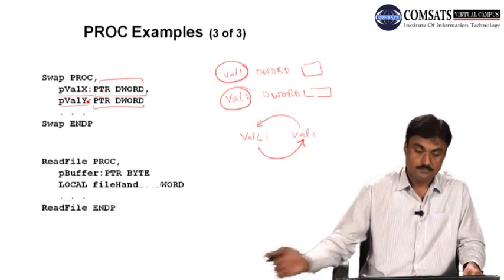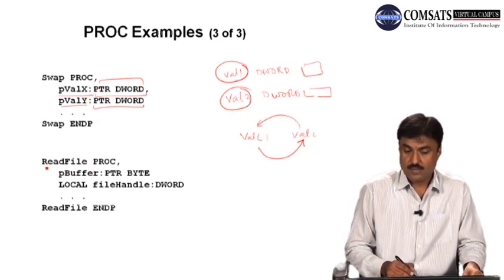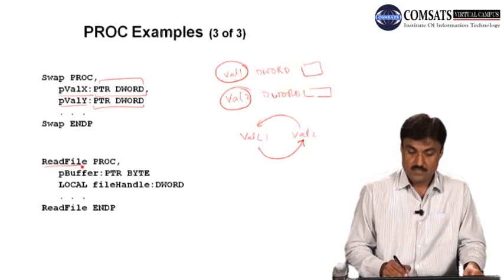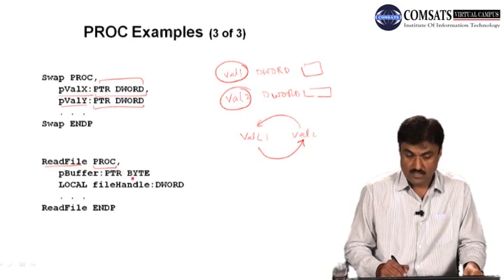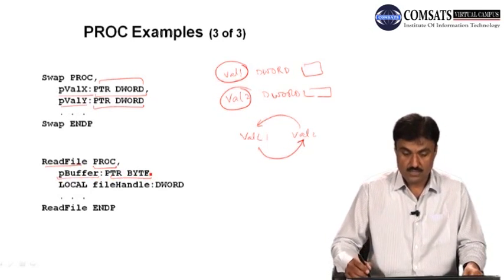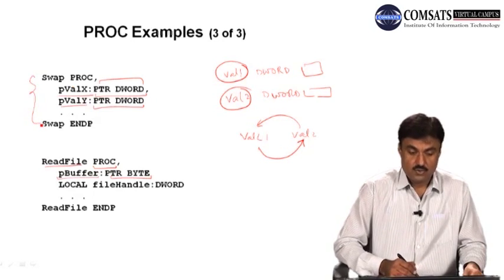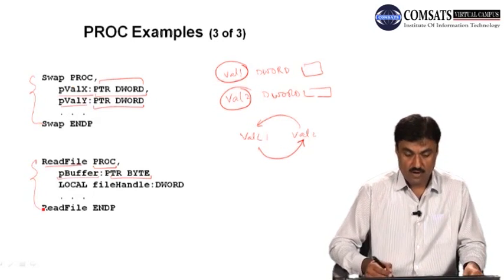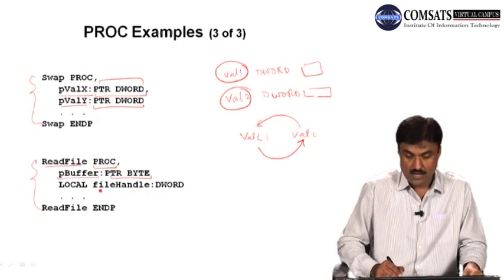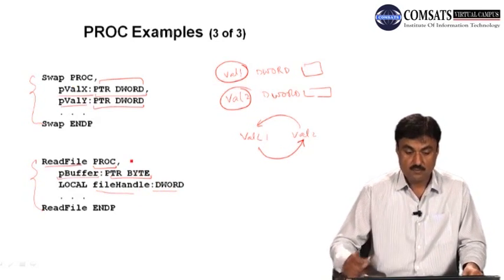So here you can see the read file is another procedure, where the buffer area is used as a pointer to a byte. In this one we can read the file. The file handle is a double word, and these are the parameters that you are passing.